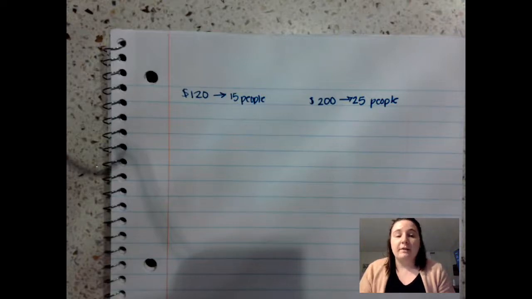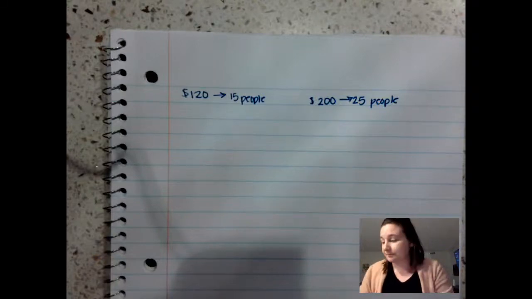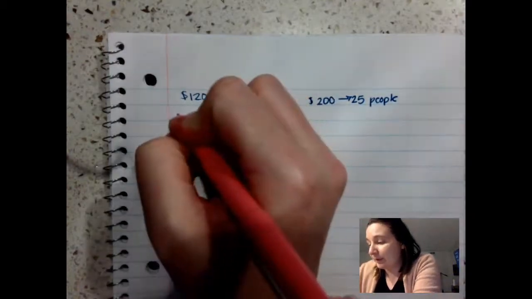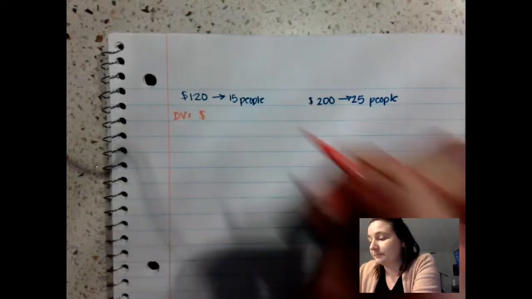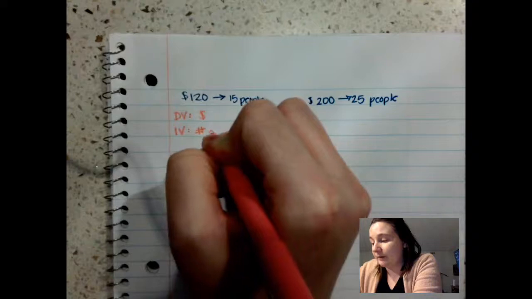If you heard those sentences out loud, you could probably say that the cost is dependent on how many people are going. The more people going, the more expensive the price is going to be. And so that means that the dependent variable is the money. The independent variable is the number of people.